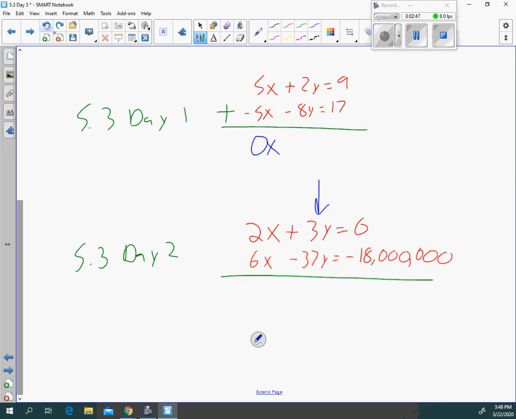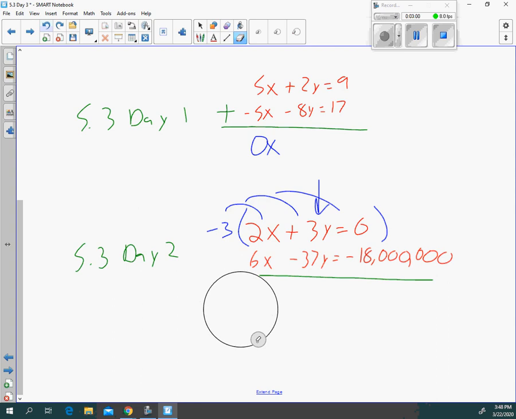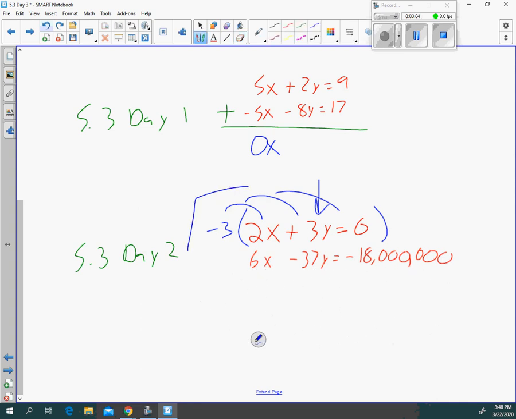So what would I do on this one? I would multiply this to make it a negative 6, so I would times that by negative 3. When you distribute it out, I'm just going to rewrite the new problem right down here. So this would be negative 6x now minus 9y equals 0.